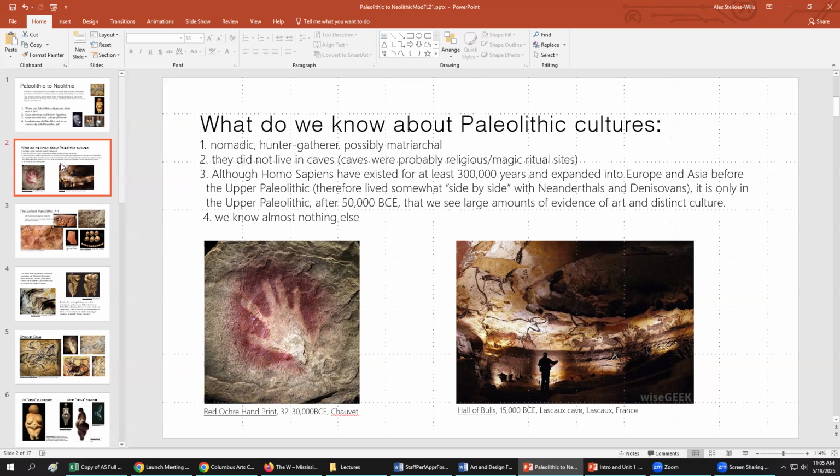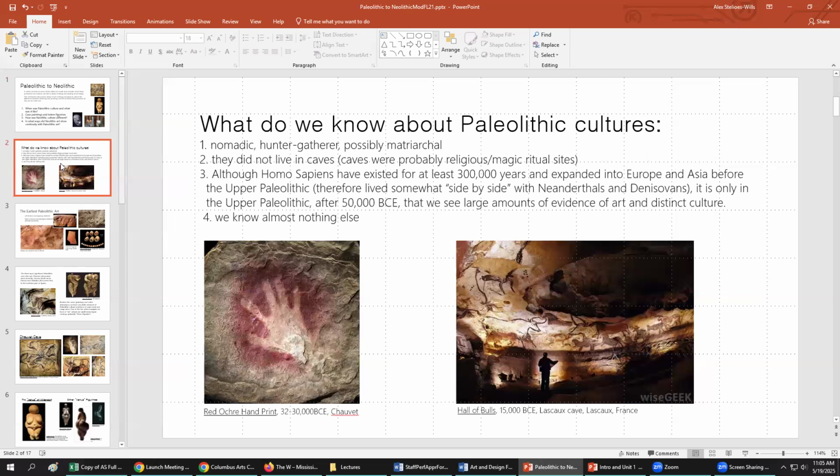And then the other thing to remember is that it's a very, very poorly documented time. For the vast majority of these peoples, we have no idea who they were. We only have small bits of evidence. And so it's easy to think of Paleolithic as a single culture, the Paleolithic culture or the Neolithic culture. But there was no single culture.